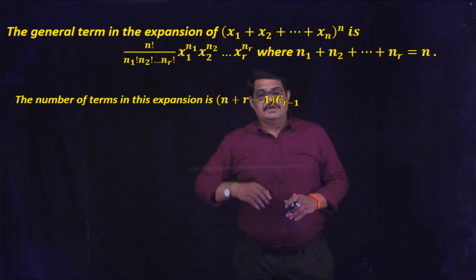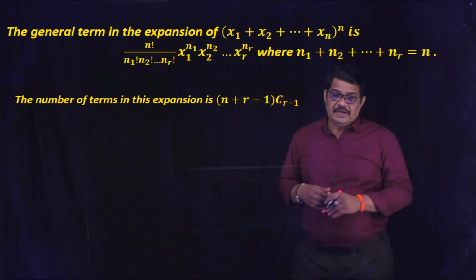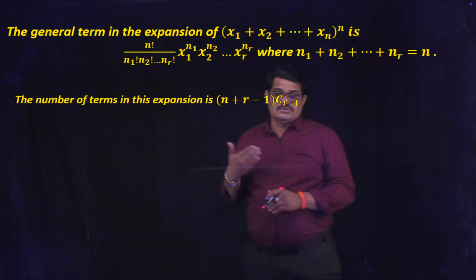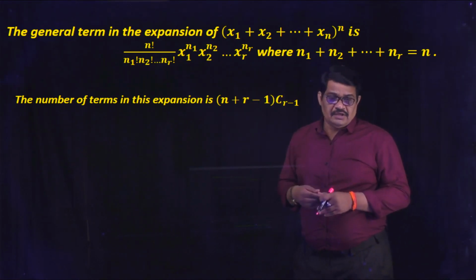This is the general term in the expansion with r terms x1, x2, x3 and so on up to xr.